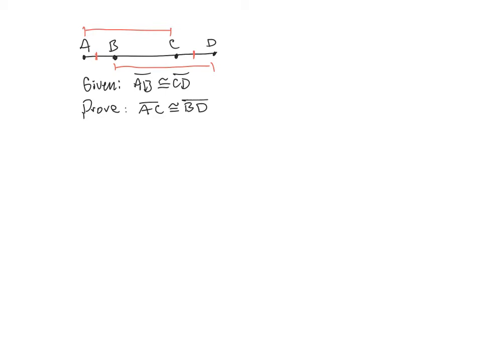Okay, so step 1 is just to write the given. And then over here we ought to do our reasons. How do I know that that's true? Well, it was given to me. So literally on any proof problem, if you miss the first step, I don't know what to tell you.